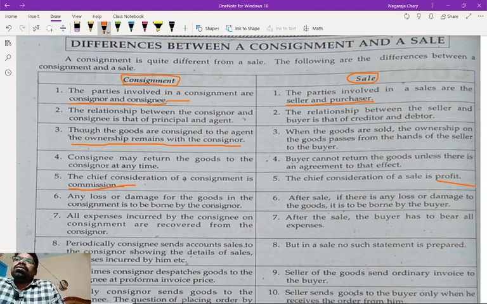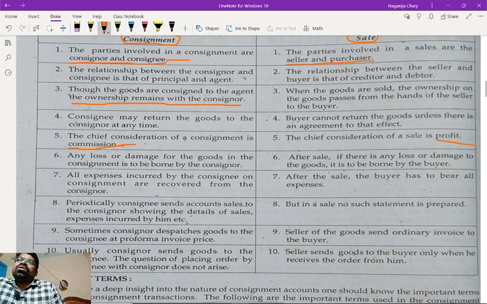Next, any loss or damage to the goods in the consignment is to be borne by the consignor. So whatever the loss, whatever the risk that arises during the consignment process, that is to be borne by the consignor. After a sale, if there is any loss or damage to the goods, it is to be borne by the buyer.